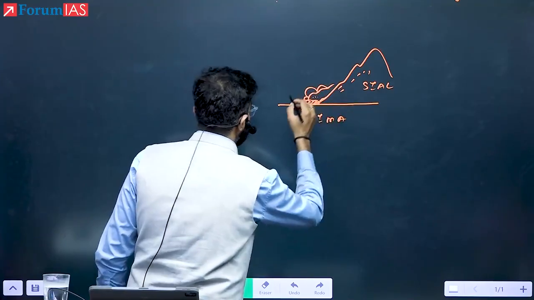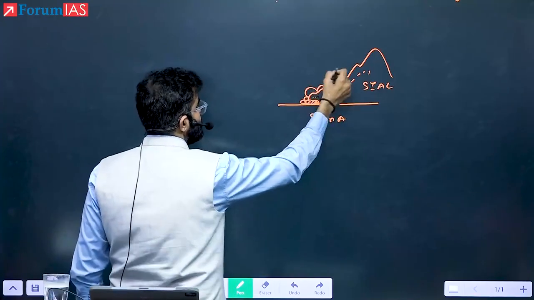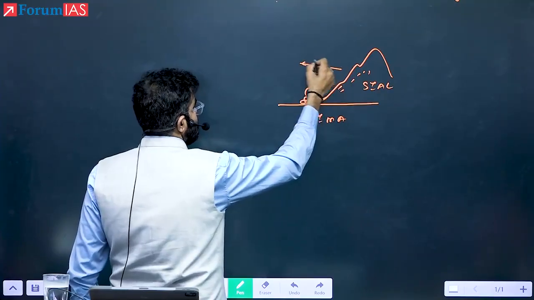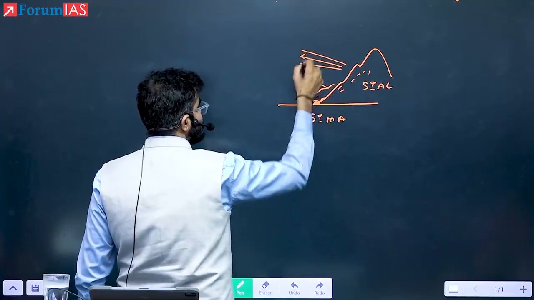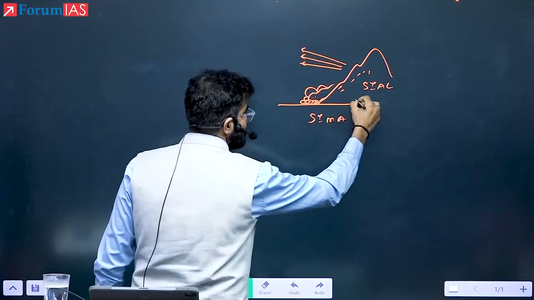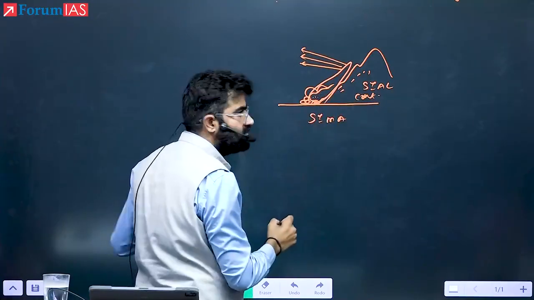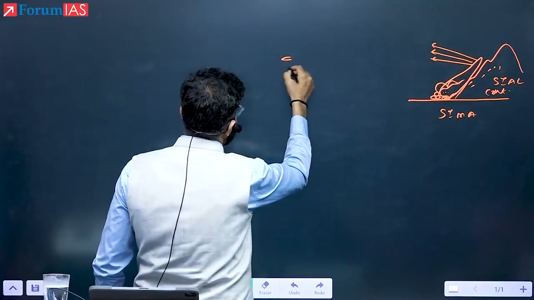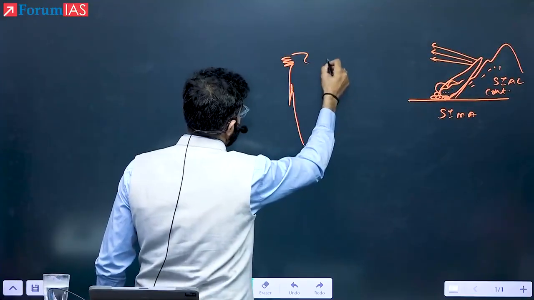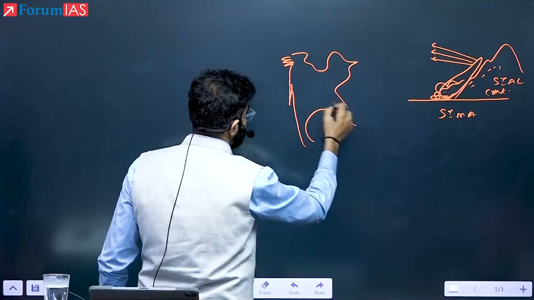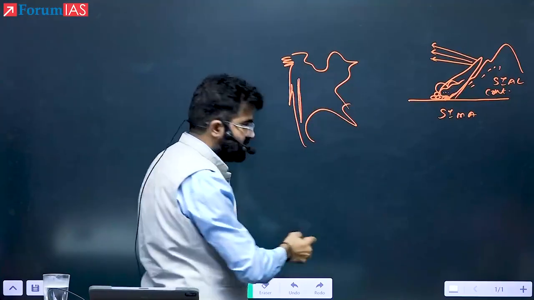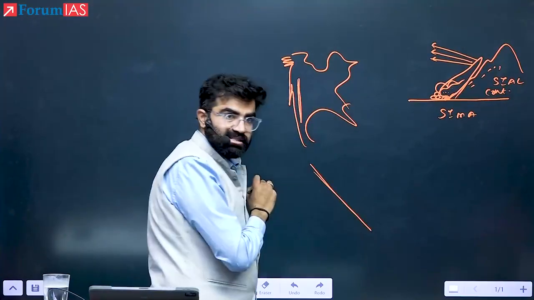And therefore, in which side will you see the mountains? In the west side of the continent or in the east side of the continent? He is assuming this is the continent. So in the west side, you will see the mountains. He gave the example: if you believe this is America, where are the Rockies? Everybody said, yes, sir, it is in the western side. Where are the Andes? Western side.